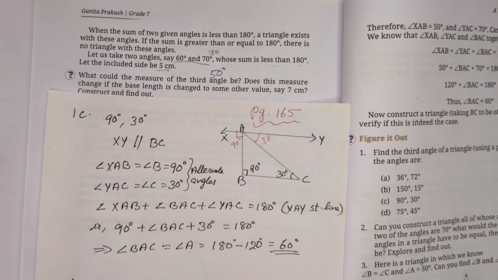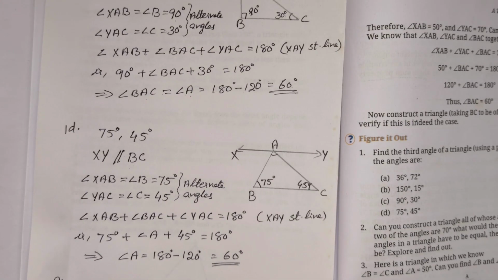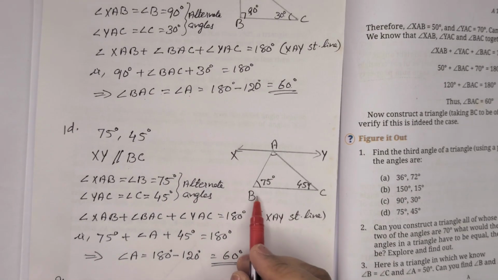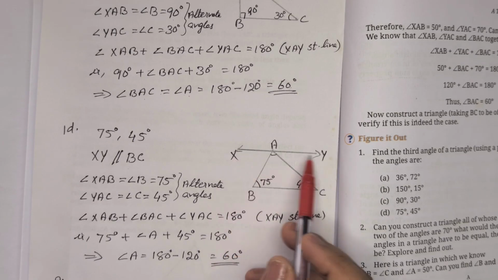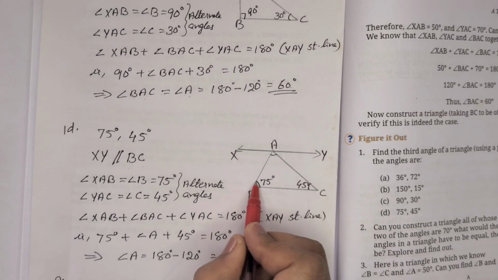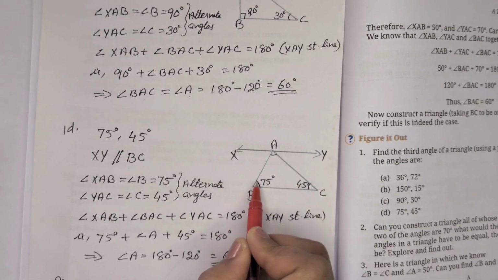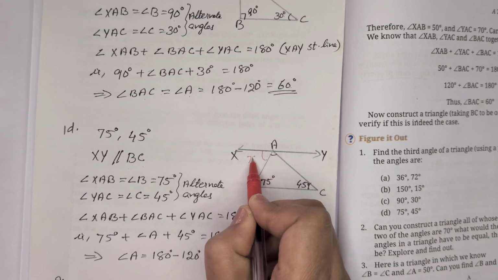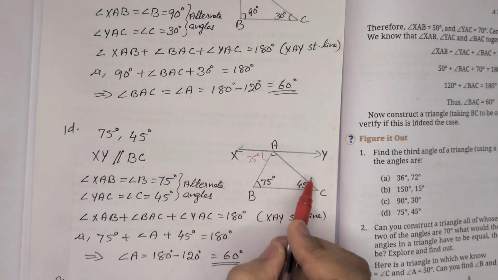Next measurement, 75 degree and 45 degree. Similarly, draw a triangle with base BC and 75 degree, 45 degree, XY parallel to BC passing through the point A. Now this angle is 75, and these two lines are parallel, so this is also 75 degree, angle XAB.